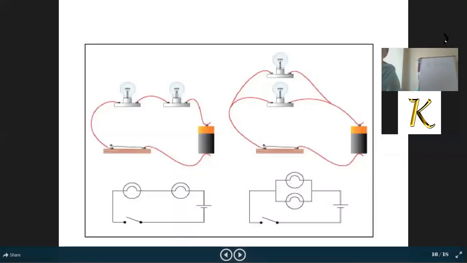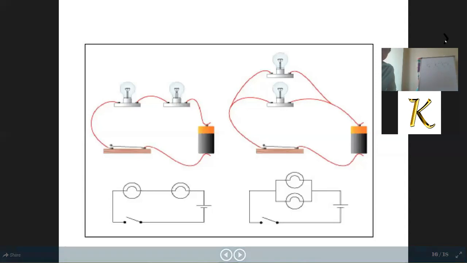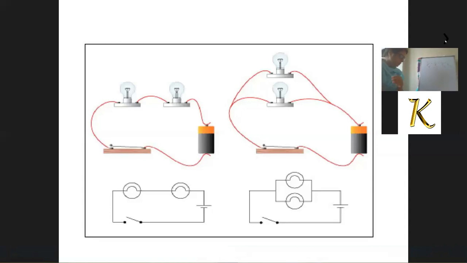I was discussing that when the current flows through the conductor, it becomes hot. Now, what is the reason for it? We have to find out the reason. Let us understand it. For example, if this is the conductor in my hand, and let me allow the current to flow through it.